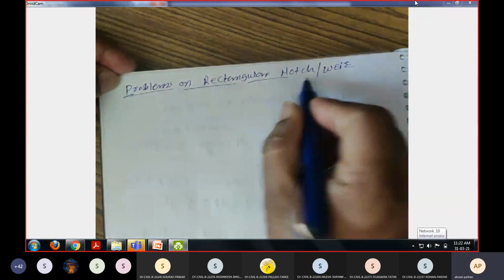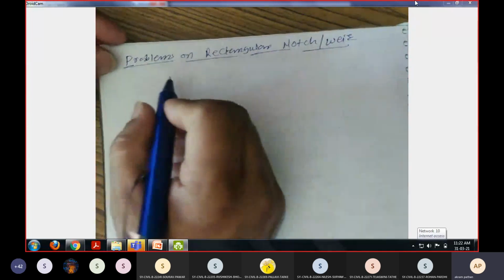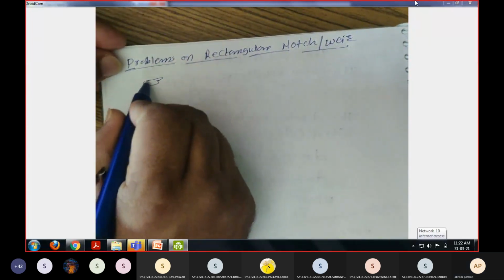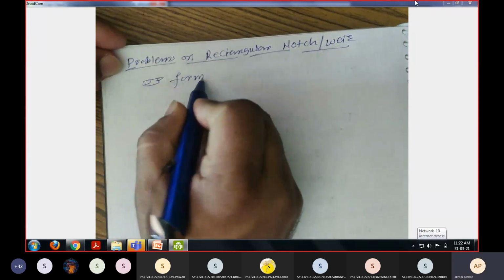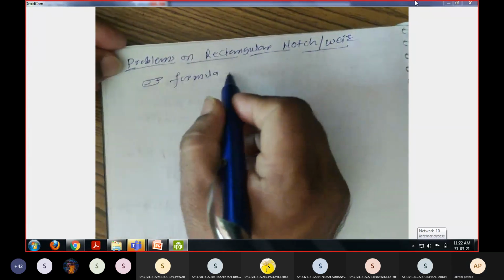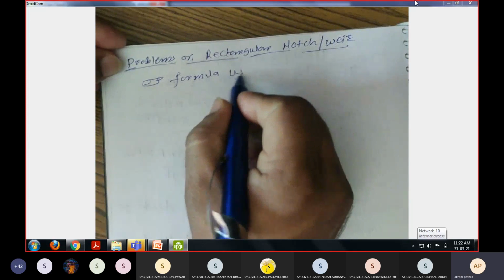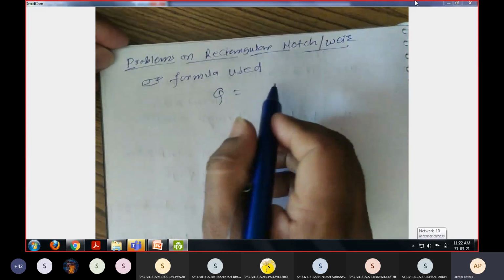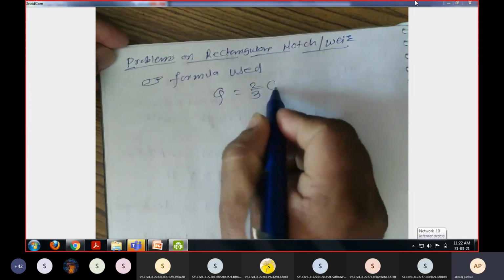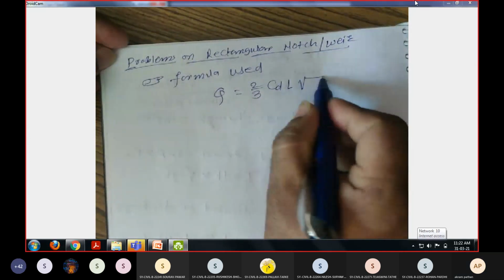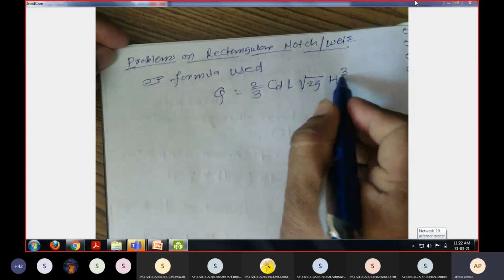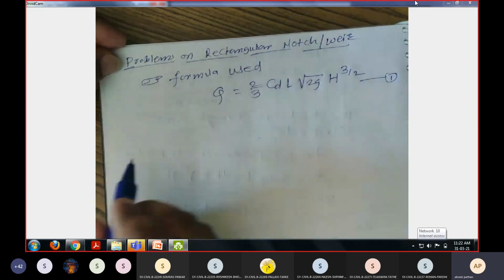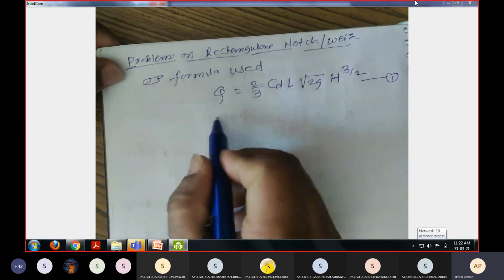So which formula to use? Q is equal to discharge through a rectangular notch or weir, 2/3 CD L root 2G H raised to 3/2. This is the formula we have to use for a rectangular notch or weir.